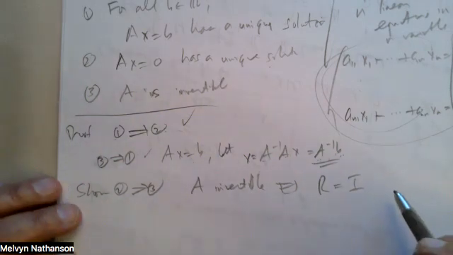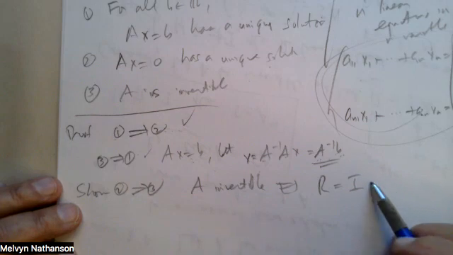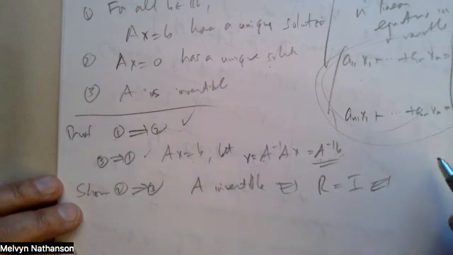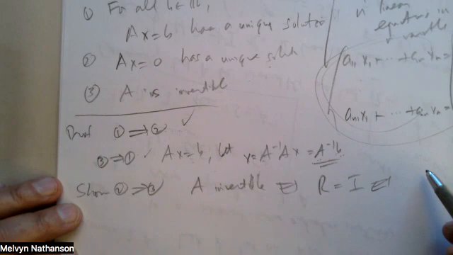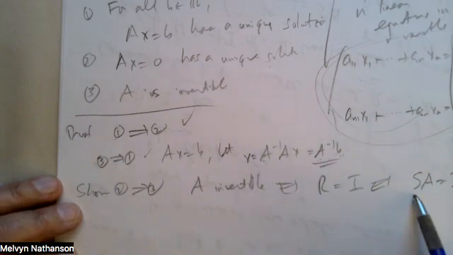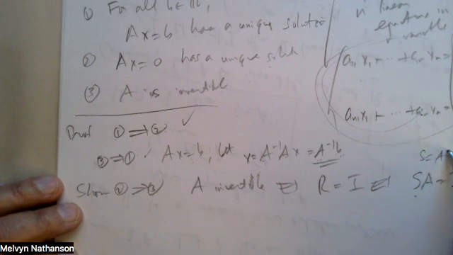There's a matrix S, so SA equals the identity for some matrix S. S is A inverse. Right?